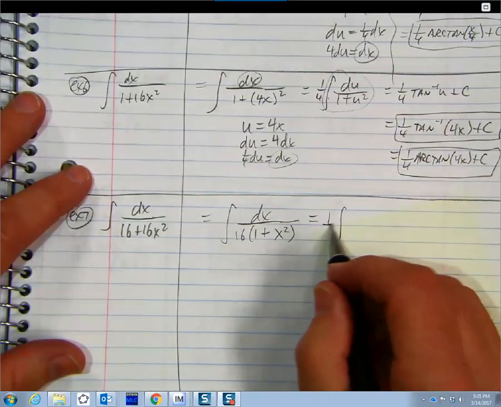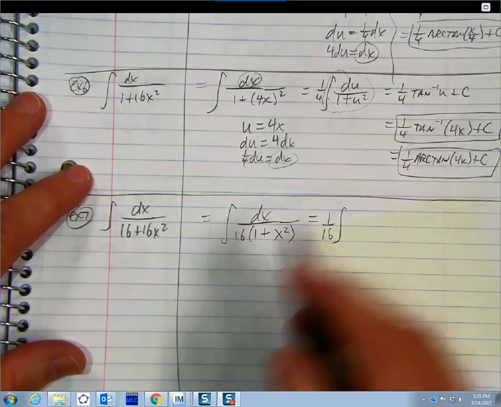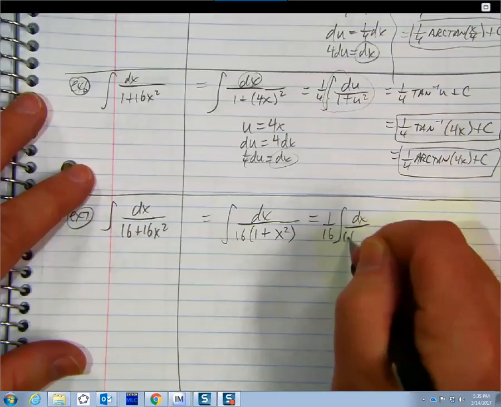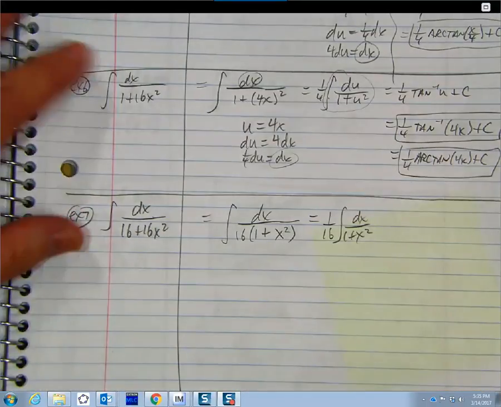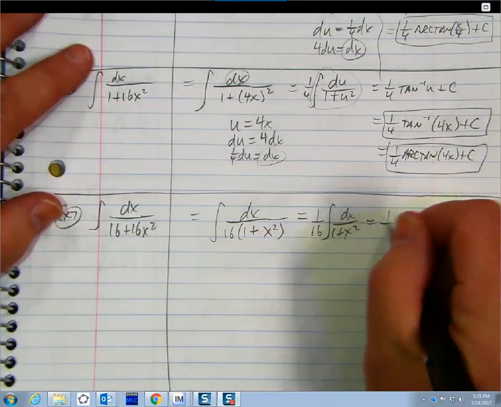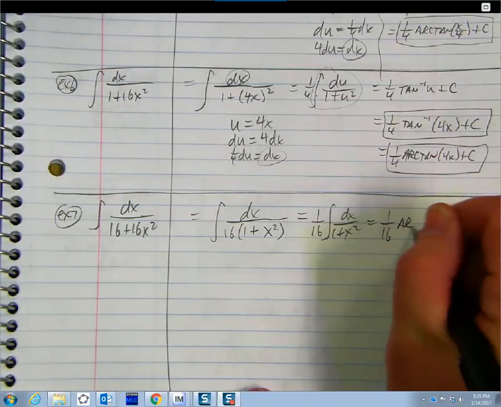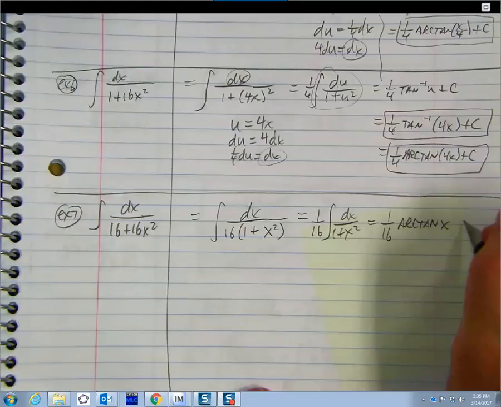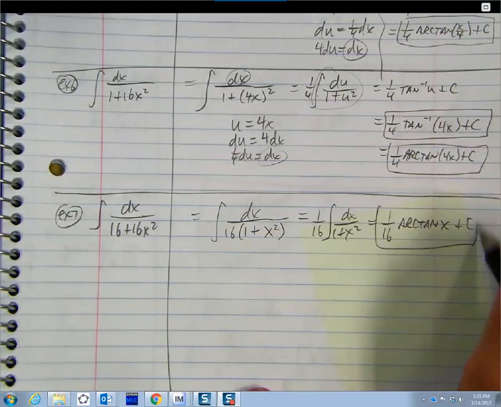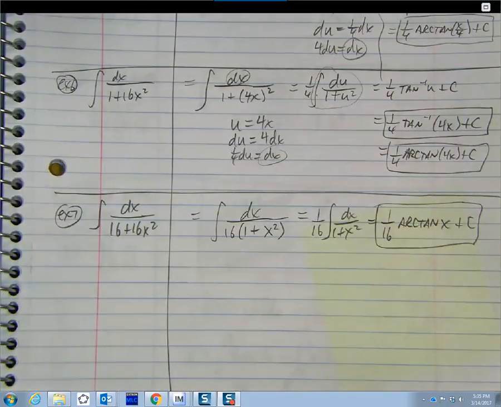Now it's a 1/16, remember, because it's on the bottom. But inside, look at that. That's the formula, straight up arctangent right there. So we get 1/16 arctan, I'm going to go old school this time, of x plus c. And there was never a u substitution, so honestly, we're done with that one as is.